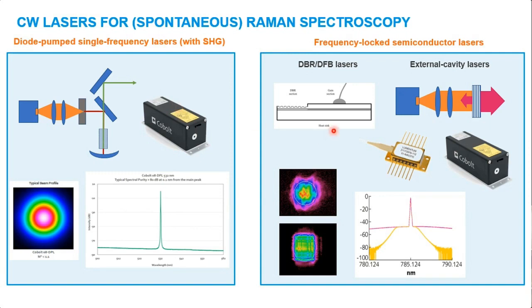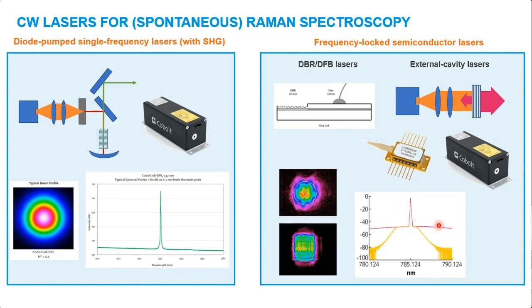For wavelengths less easily accessed by diode pumped lasers, it's common to use various types of wavelength or frequency locked semiconductor lasers. These all have in common that the relatively broad emission from a semiconductor chip is turned into narrow line width or single frequency emission by locking the output to a narrow line width feedback from a grating structure. You get something like this.